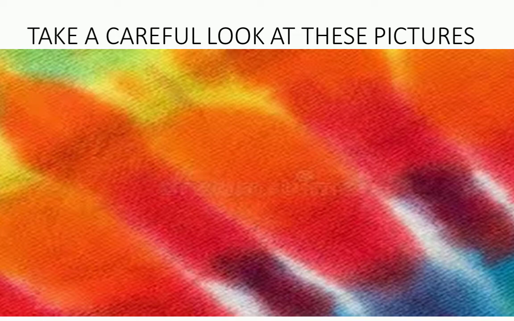That area has been resisted. So the essence of tying is to resist some areas of the fabric, not to absorb the dye. And that is what creates the pattern or the design that eventually turns out to make the fabric a colorful piece.